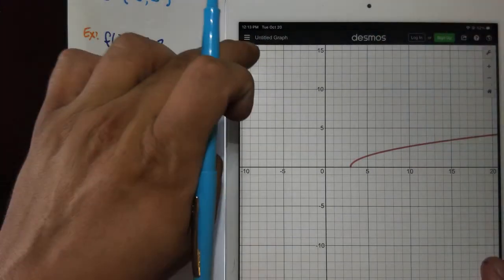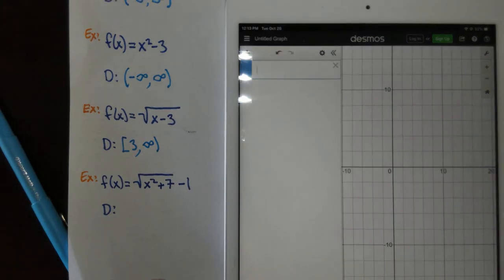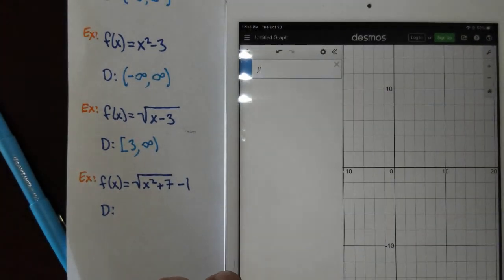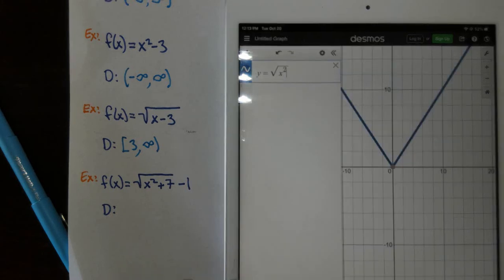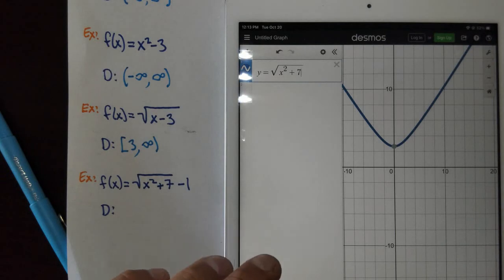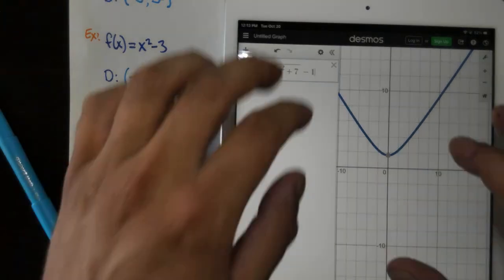We have the square root of x^2 + 7, and then minus 1. So let's take a look at this now.